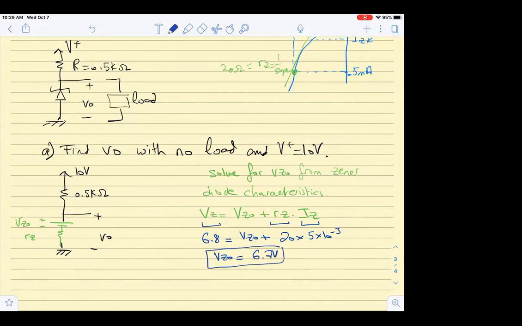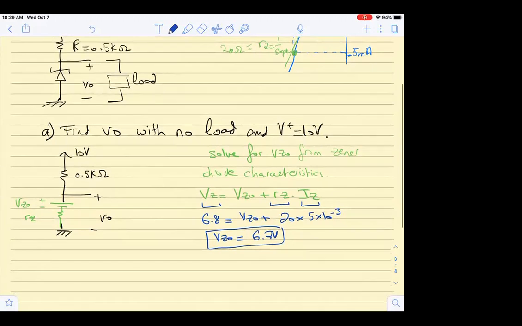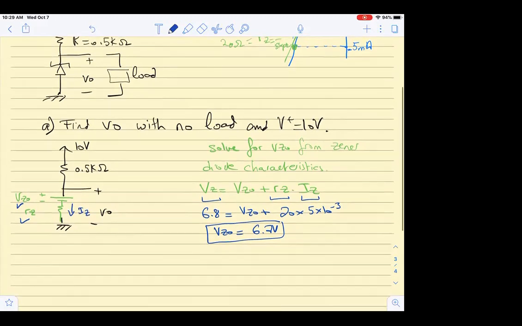Okay, so now I have VZ0 and I have RZ, and I can solve for IZ from the circuit. Now we do KVL.